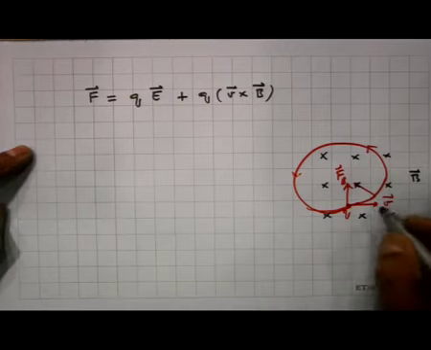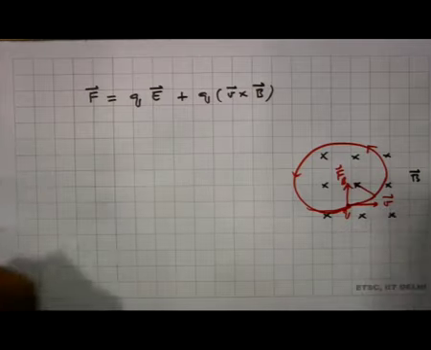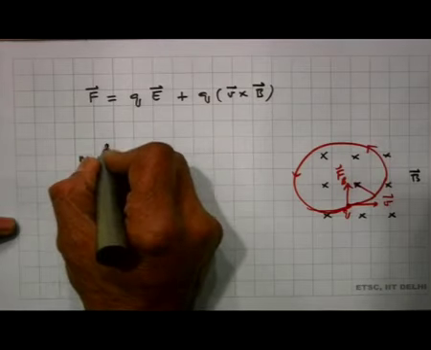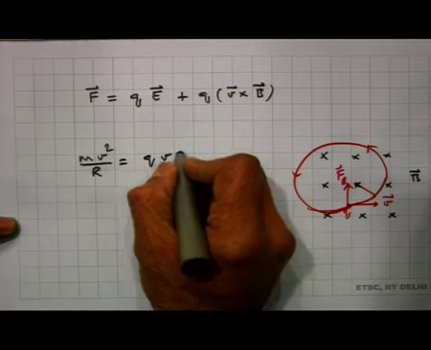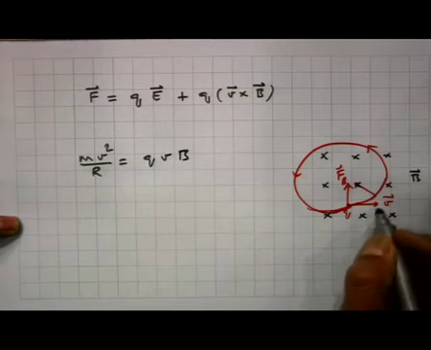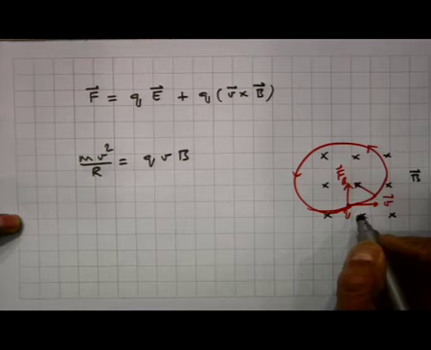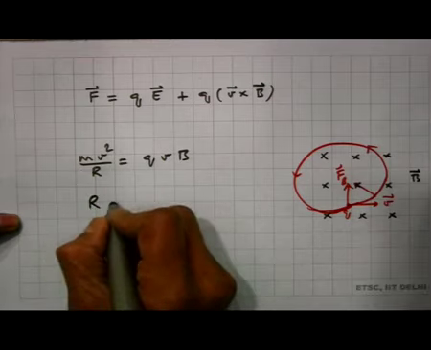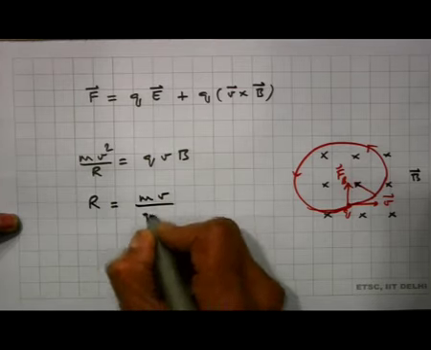and the magnetostatic force provides the centripetal force for this circular motion, and we can write, as we have seen before, the centripetal force mv squared by r is equal to q v B. Here the velocity and magnetic field are perpendicular to each other, so v cross B is simply v times B, and that gives me the radius of the circular orbit as mv by qB.